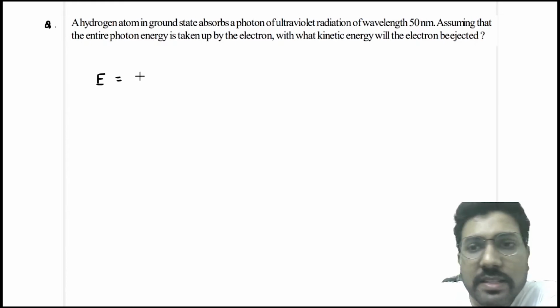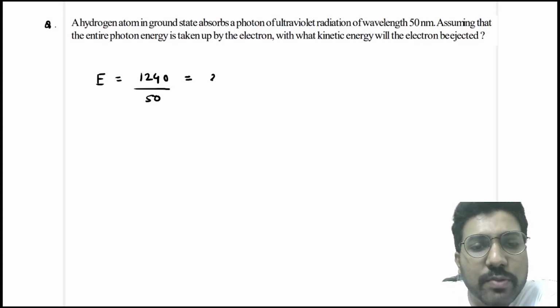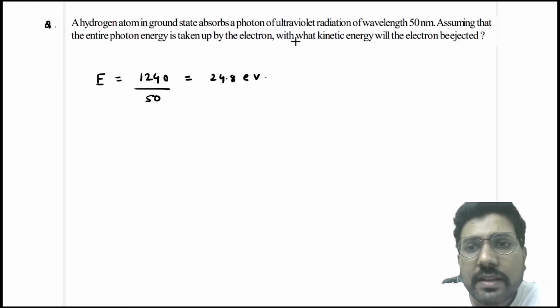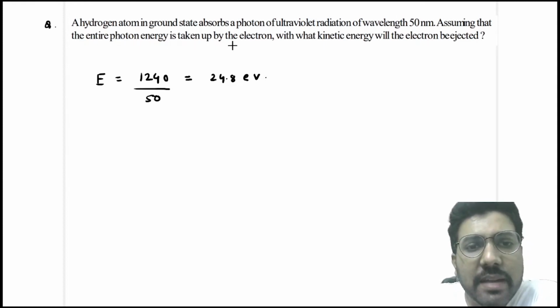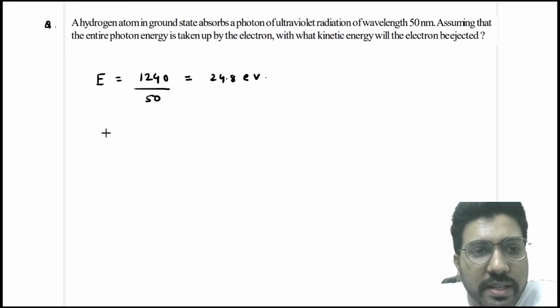So E = hc/λ gives 1240 divided by 50, which comes out to be 24.8 electron volt.